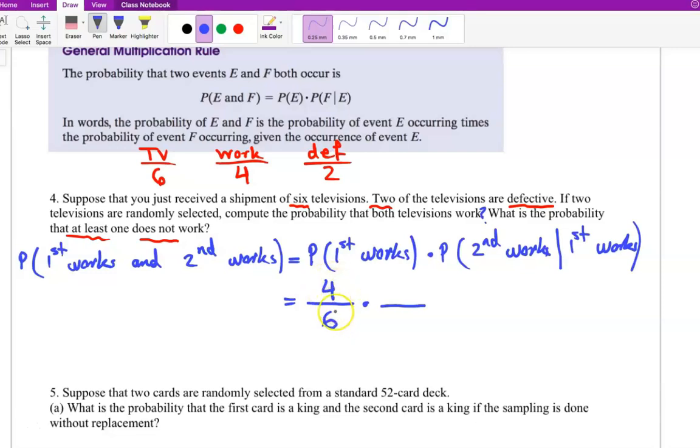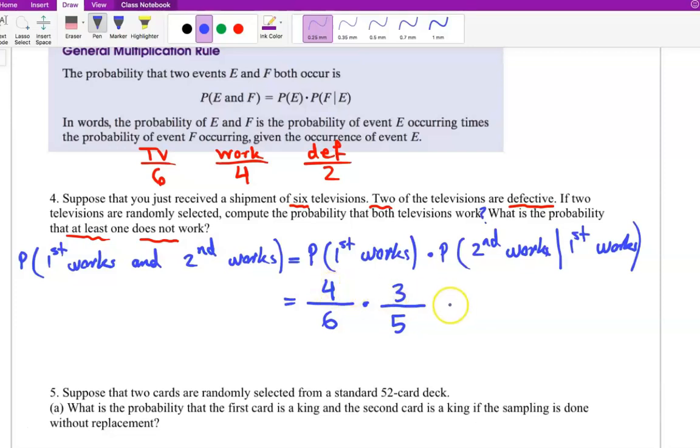Okay, since I have this one, now I should subtract. So we already have one TV, so we should subtract that one TV from this part. Eliminate that one from the sample space. Now we have 5. And here also, since this is work, now instead of having 4 TVs that work, we have 3 in total.